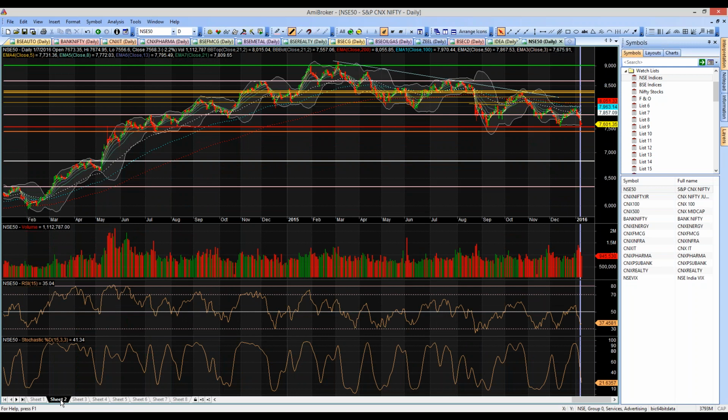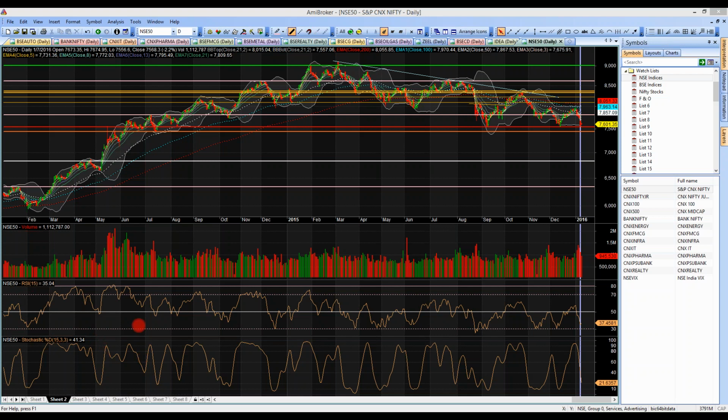sheet 2, right? And on sheet 2, what I've done is just added RSI at the bottom. I've added RSI, and it's just a default 15 period RSI, and the slow stochastic, which is 15, 3, 3, right?